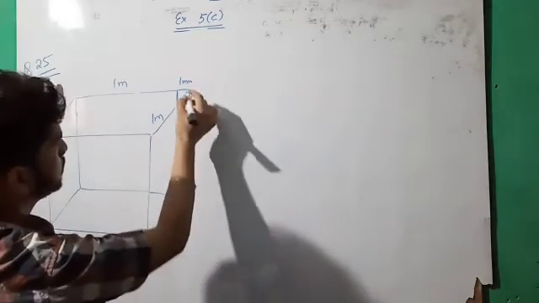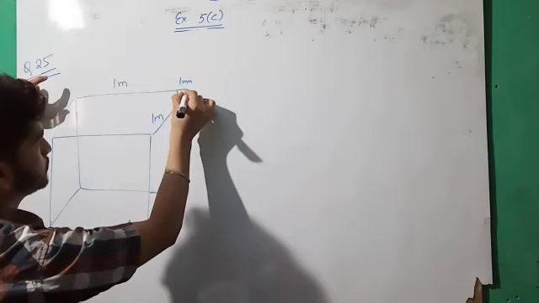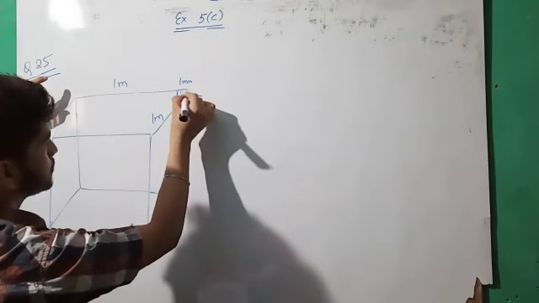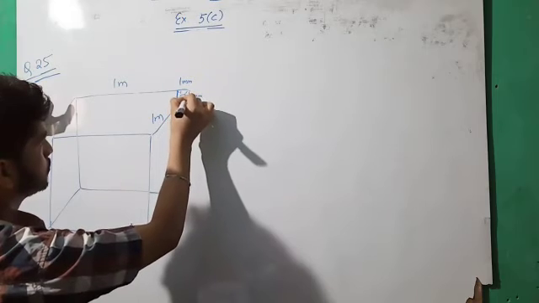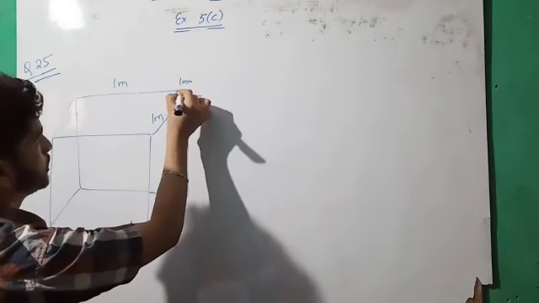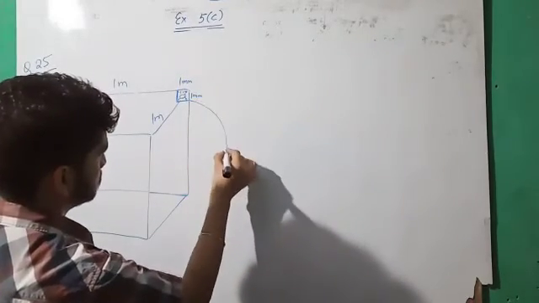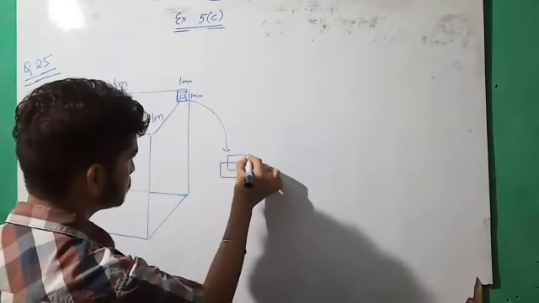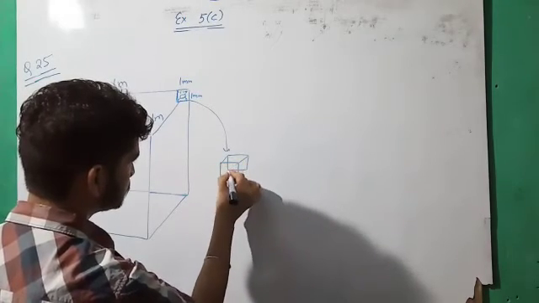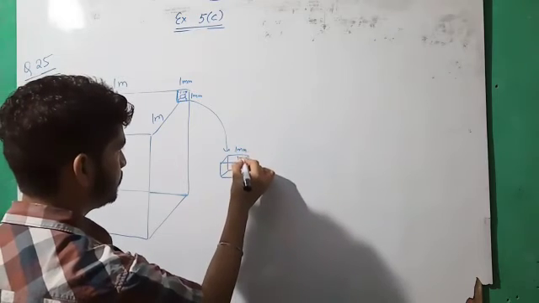The height of the cube is 1 meter, and we have to cut out from inside it cubes with length, breadth and height equal to 1 mm into 1 mm into 1 mm, like this.